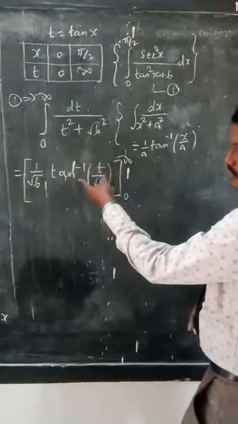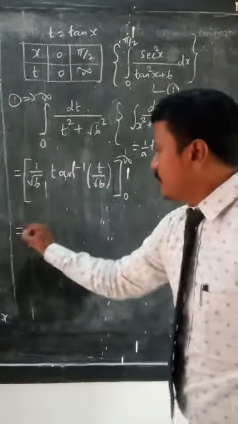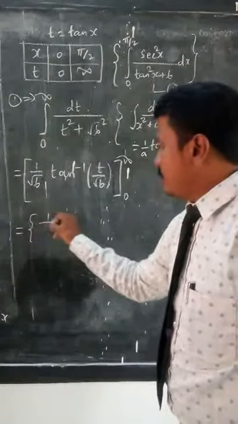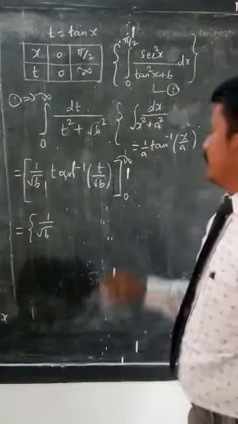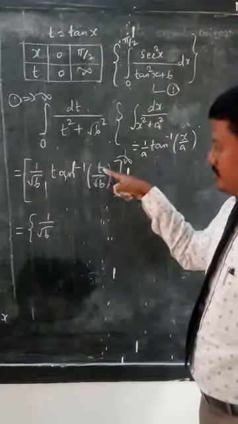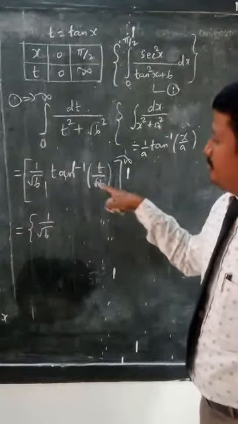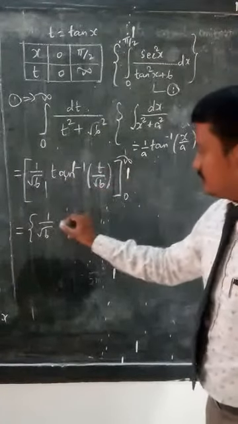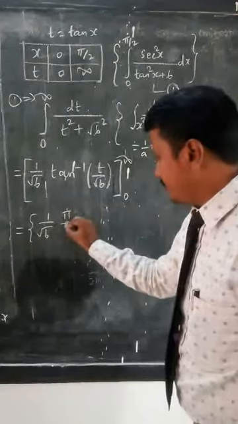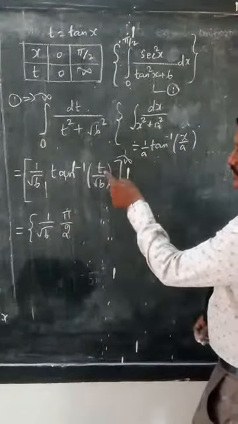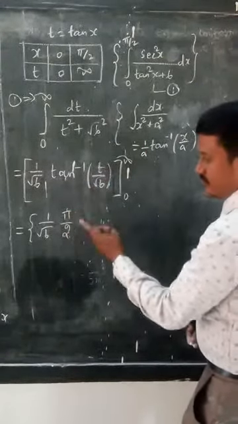First apply the upper limit. What happens? 1 by root 6, and if you apply infinity, infinity by root 6 is also infinity. Tan inverse of infinity is nothing but 90 degree, pi by 2.